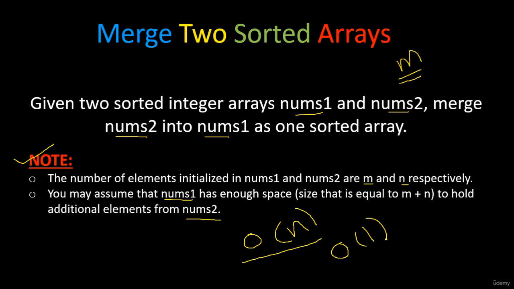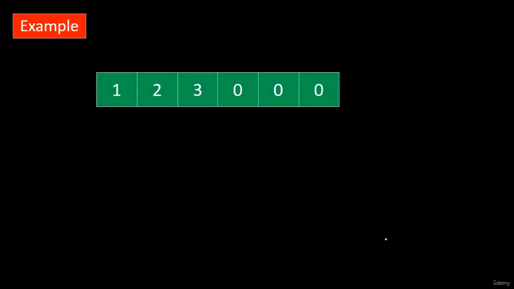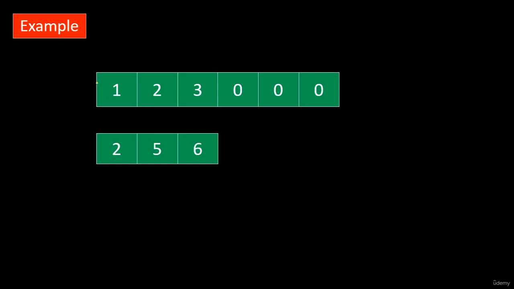Now let's see how we can solve this problem. Before that, first let's see an example. For example, if you're given this array and this array, this is nums1 array and this is nums2 array. We have to merge this array into this nums1 array, and in this array we have initialized 3 elements from the first index to the index m-1.